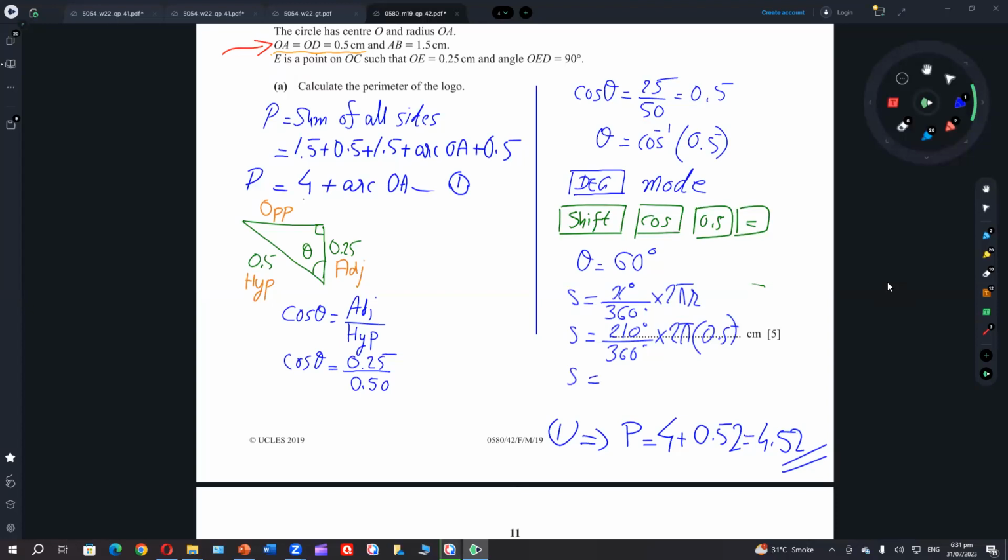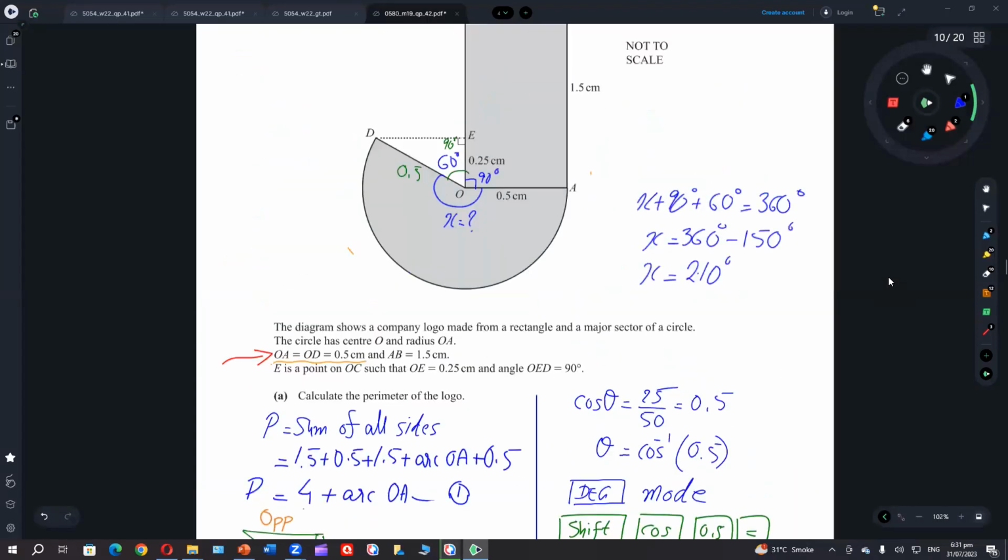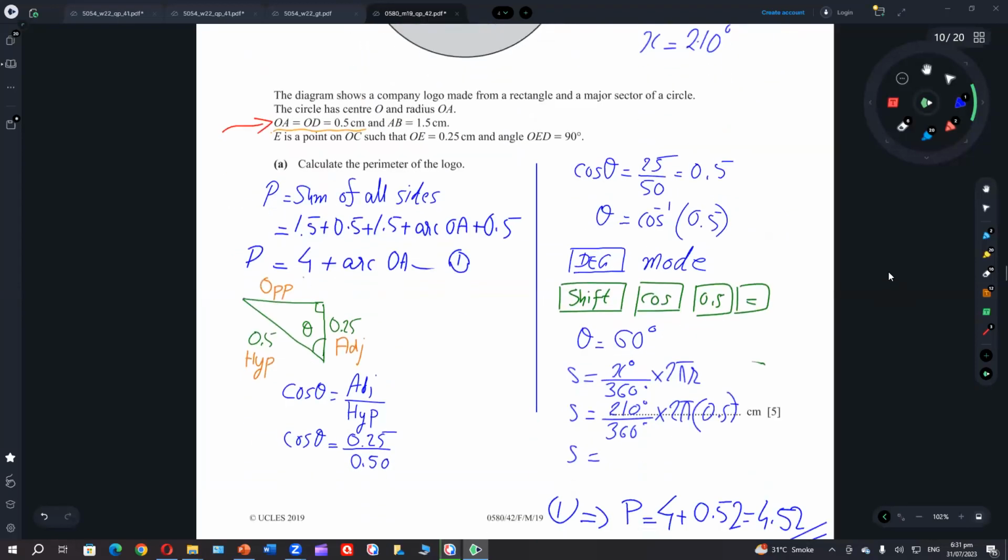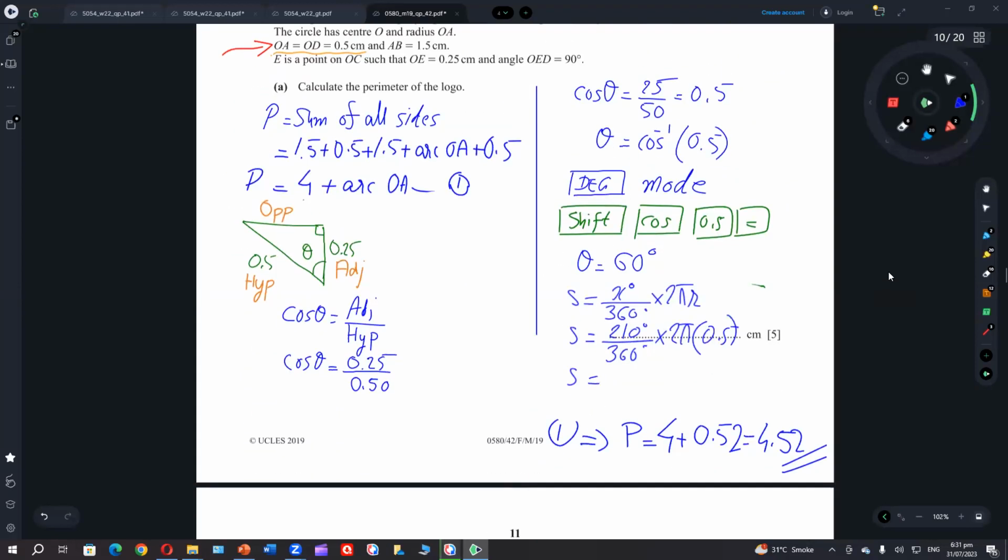Now see this calculation. Yes, I see. What answer is coming for S now?